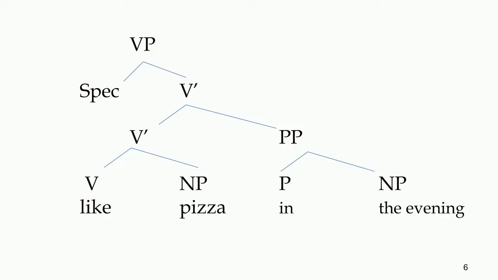We again see something as a PP, which is in the evening, where in is a preposition, heads its own phrase, and it takes an NP, the evening, as a complement. That PP has a different status in this sentence.